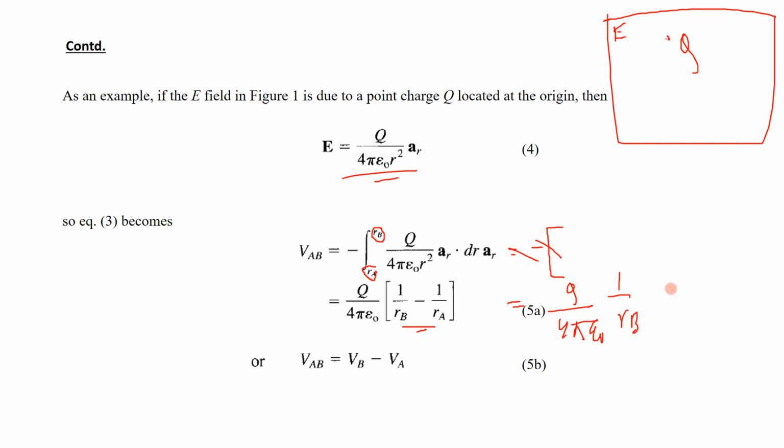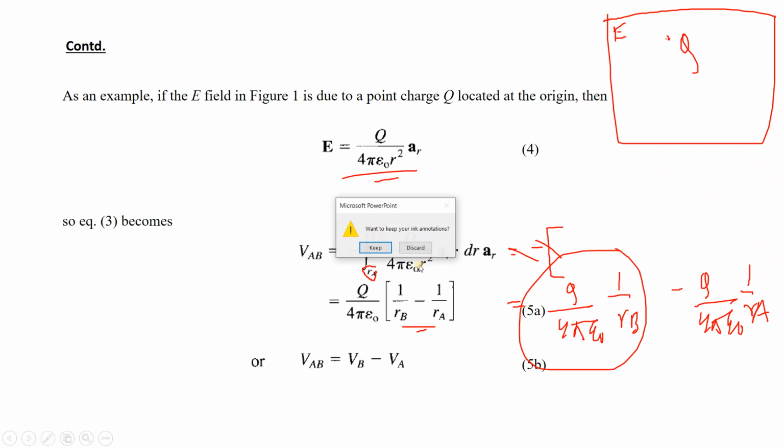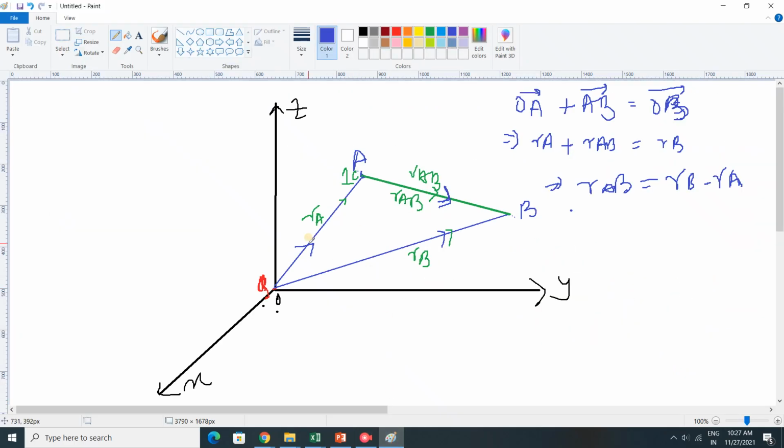The next step is nothing but Q by 4 pi epsilon naught 1 by RB minus Q by 4 pi epsilon naught 1 by RA. So what is this?